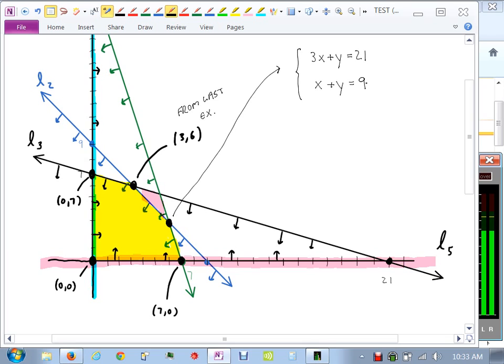Does that make sense or not? Yes? Do substitution on that. So I'm going to do my steps here. I'm going to solve the second equation for y. So y is negative x plus 9. I'm going to substitute that into the first equation for y.